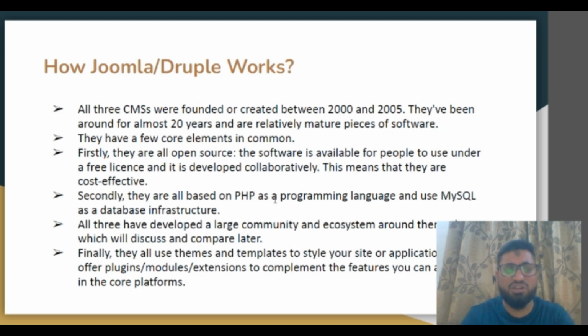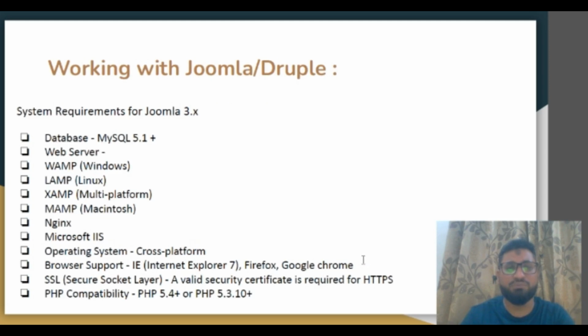Secondly, they are based on PHP as the programming language and use MySQL as the database infrastructure. All three have developed a large community and ecosystem around them, which we'll discuss and compare later. Finally, they all use themes and templates to style your site or application, using different plugins, modules and extensions to complete the features you can create in the core platform.